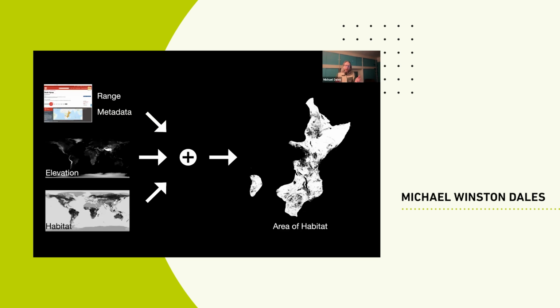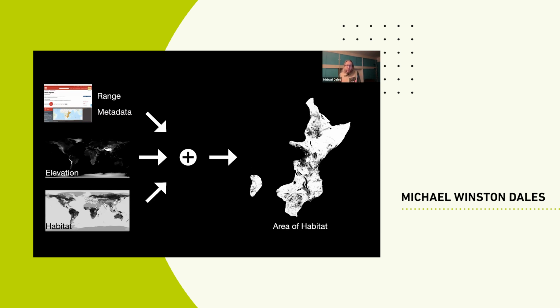So we take the range, and we rasterize that as a binary bitmap, so 0 is not in range, 1 is in range. We can take a high resolution elevation map and filter that, so we know the upper and lower elevation preferences of the species, so we can turn that into another in-or-out binary map.